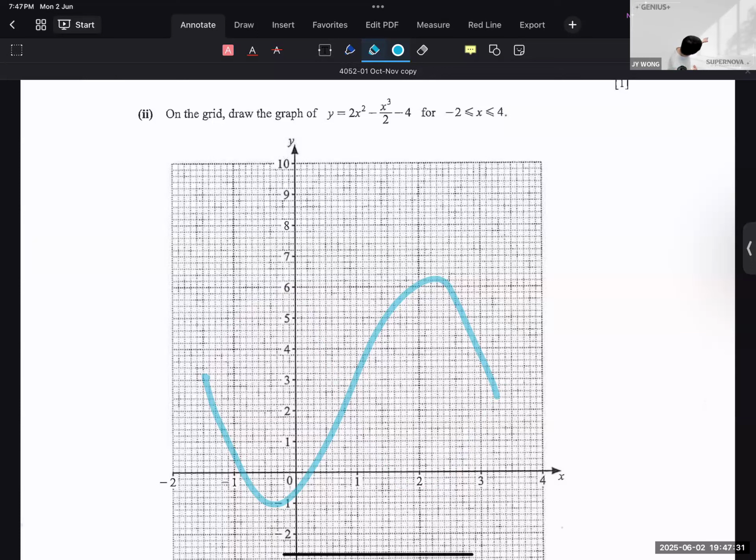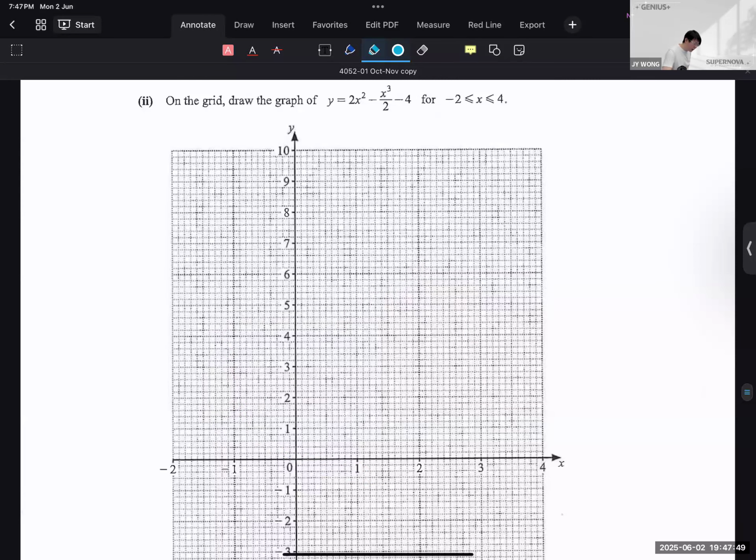This shape exemplifies the quadratic, right? Your quadratic is up and down. Actually, your normal quadratic should be this way, correct? But because you now have a quadratic component, it becomes like this.